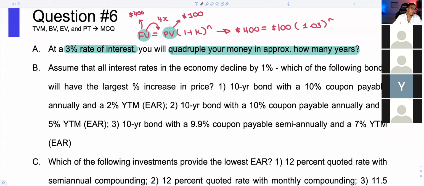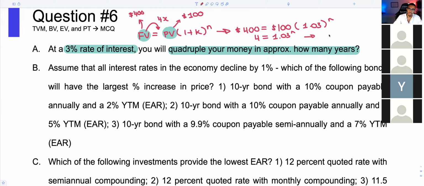It's a very straightforward way. Obviously, this would require you to do a little bit of math, and that's totally fair. So if we want to simplify this, I'll do it quickly. You would have 4 is equal to 1.03 to the power of n. And then you could use our good old friends, logs.